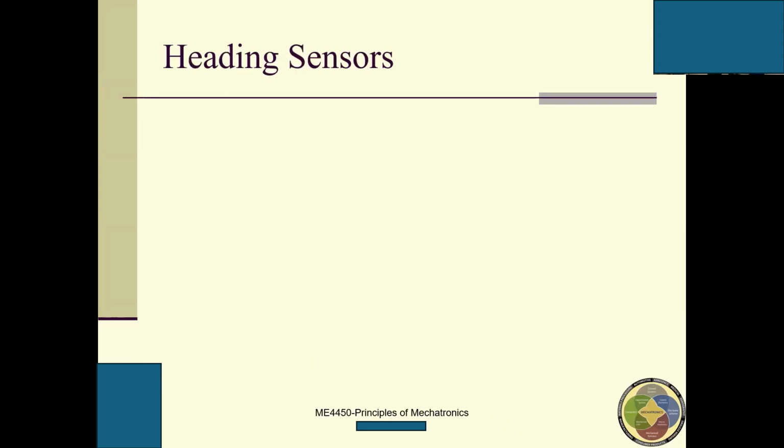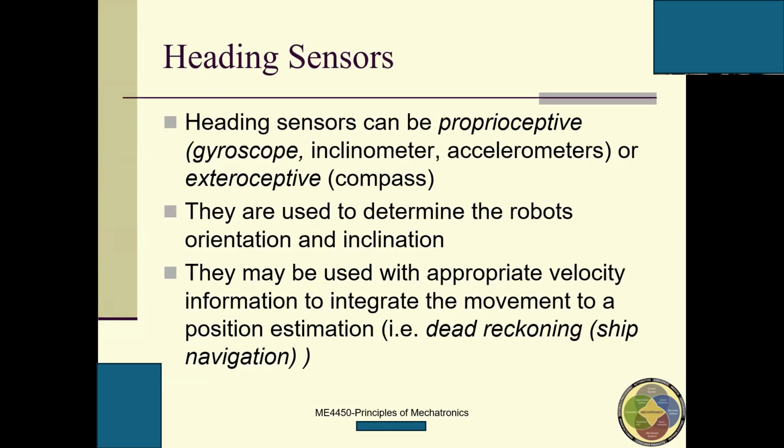The next one is heading sensors. Heading sensors can be proprioceptive, such as the gyroscope, inclinometer, or accelerometer, or exteroceptive, such as the compass. These sensors are used to determine the rover's orientation and inclination.